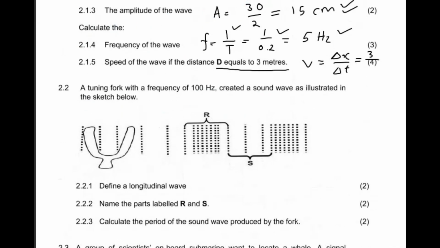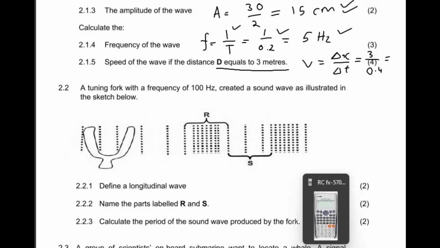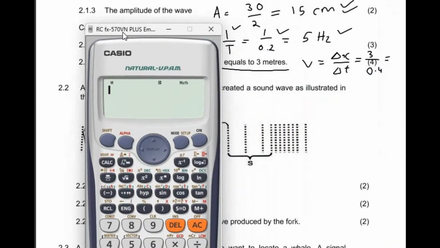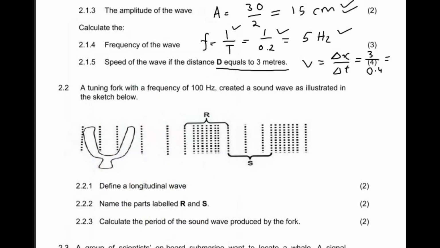So now I know the change in time. How much is that going to be? It's 0.4. We have a fraction: it's going to be 3 divided by 0.4, which is 7.5.